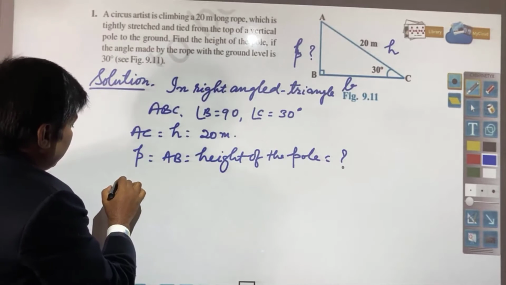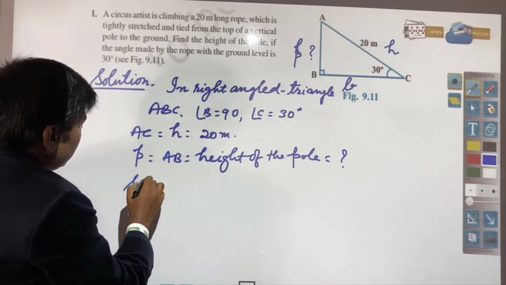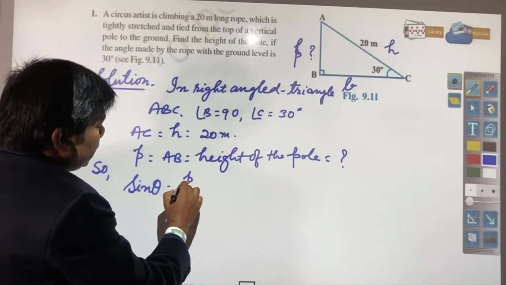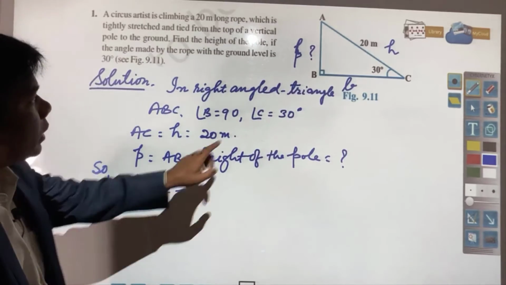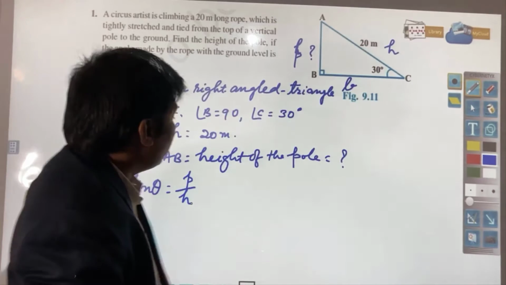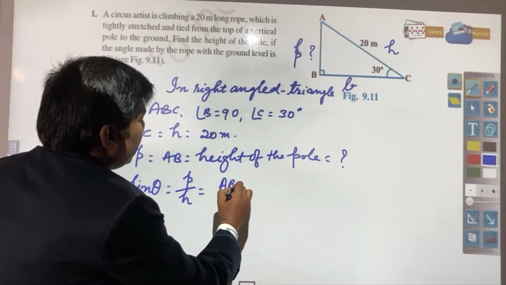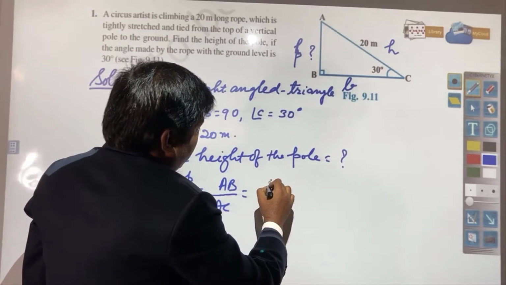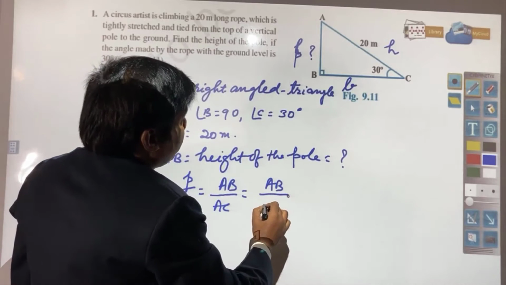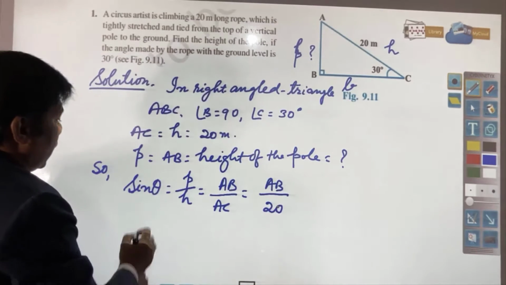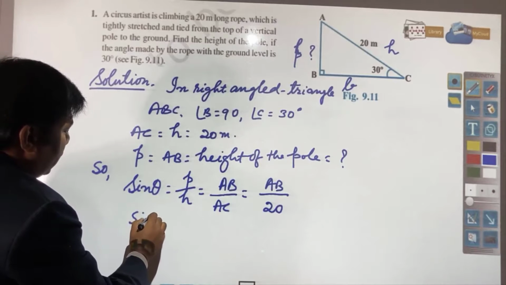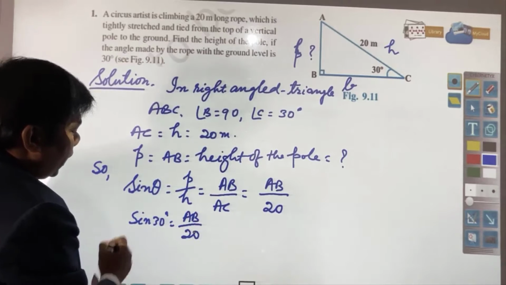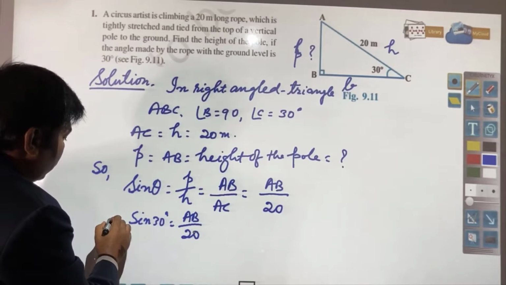So here we will write sin theta is equal to P by H. Because P by H has been given, we write AB by AC, and AC is 20. Sin 30 degree is equal to AB by 20, and sin 30 degree is 1 by 2, as I had told you to remember.